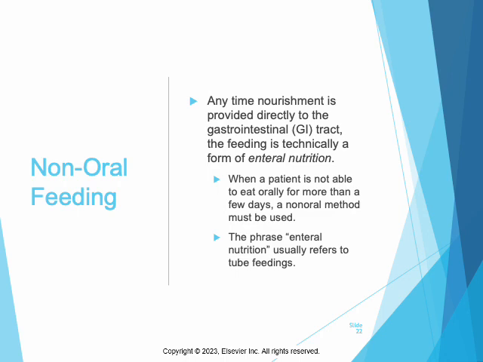This includes liquid diets, soft, solid food diets, and any type of nutritionally complete formulas that are administered orally or via a tube feeding. When a patient is not able to eat orally for more than a few days, then we need to transition to a non-oral method. If the medical staff talk about enteral nutrition, they're usually referring to tube feeding.